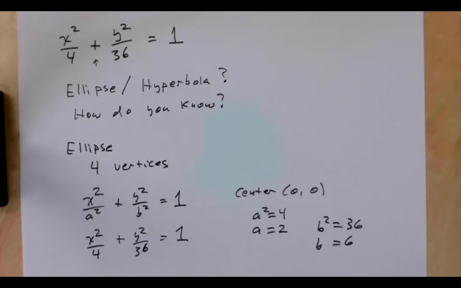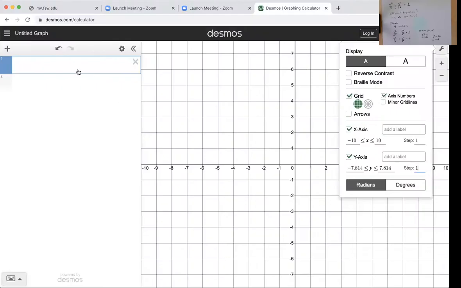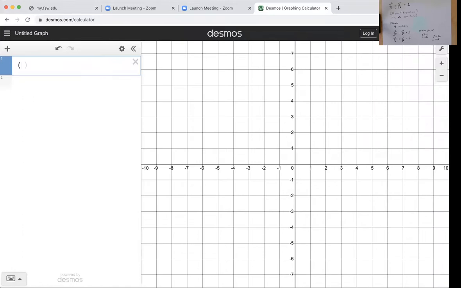I'm going to pull up Desmos here so we can take a look at that. So our center is 0, 0. So we'll put our center in at 0, 0. And we said we need to go 2 units in the x direction.